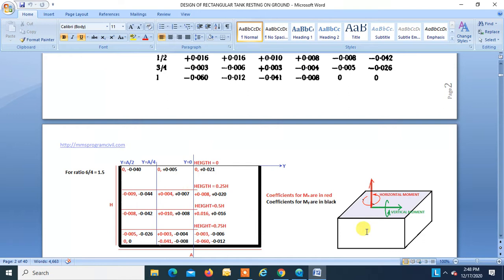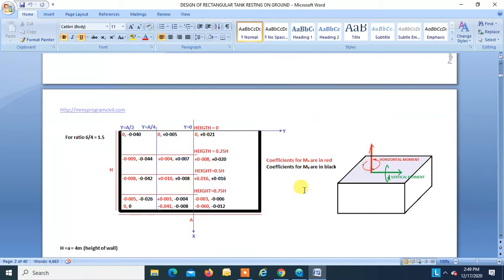For the vertical moment we have to provide vertical steel, and for the horizontal moment we have to provide horizontal steel. So at every intersection you get one vertical moment and one horizontal moment, as shown in the figure like this.